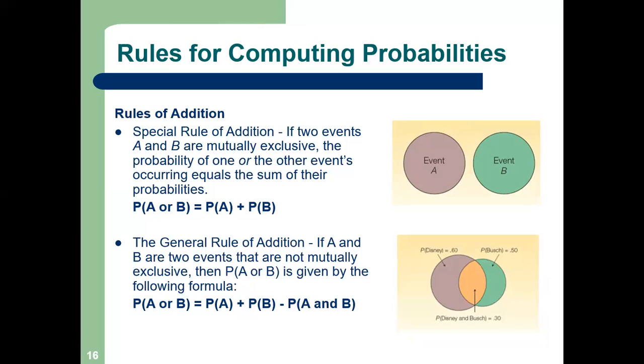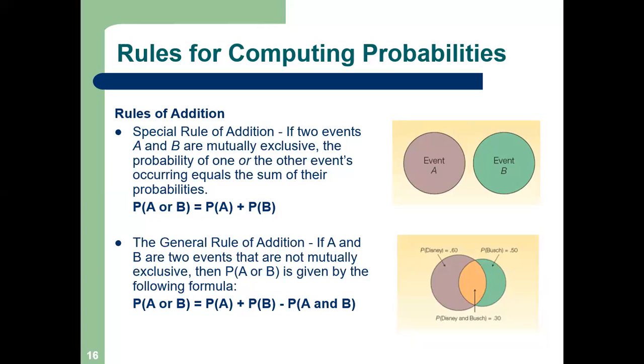So how do we add the probability of two events? The mathematical equation is written as probability of A or B. You need to understand this operator, or. Or is used to add the probabilities. Or is the operator for addition.